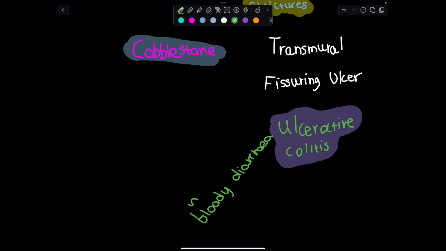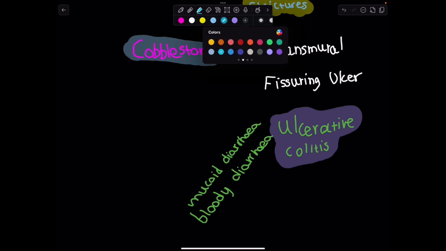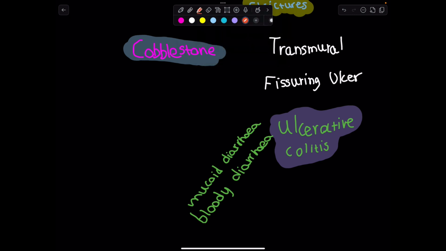Crohn's disease can affect any part of the digestive tract, mouth to anus, with patchy, deep inflammation through all gut wall layers. Differences? Location, UC, colon, rectum only, continuous. Crohn's, anywhere, patchy, skip lesions. Depth, UC, mucosa only. Crohn's, transmural, all layers.